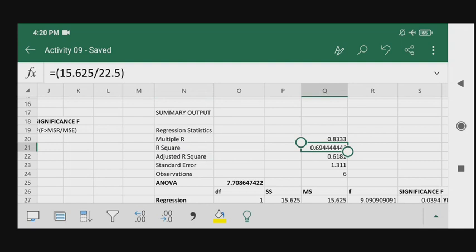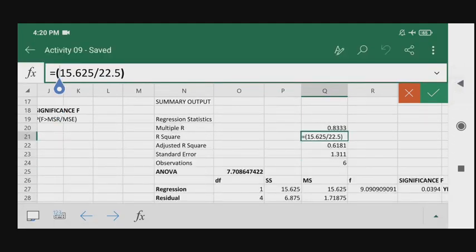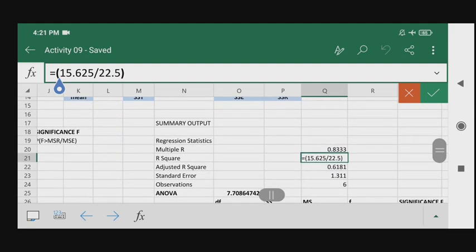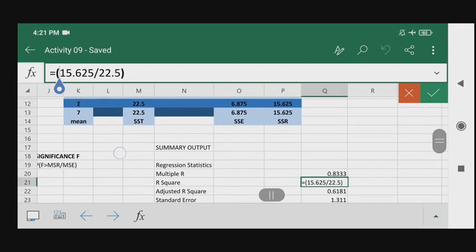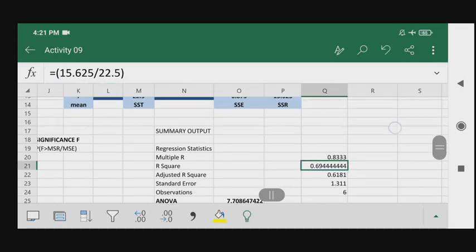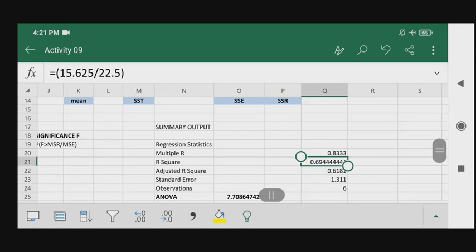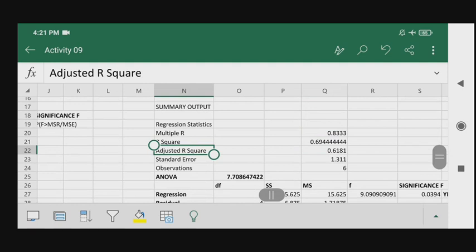To get this, we have the formula: 15.625 divided by 22.5. So for R square, we have the SSR divided by the SST, which is equals to 0.69444444.